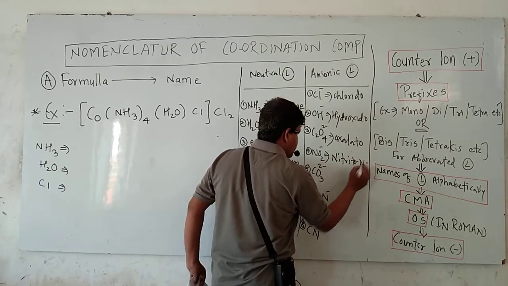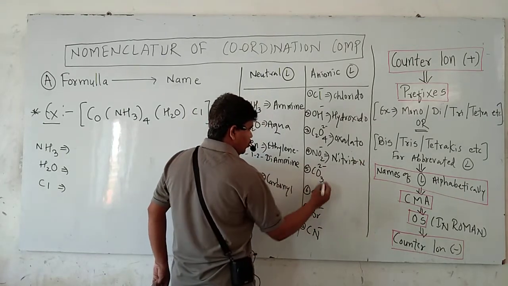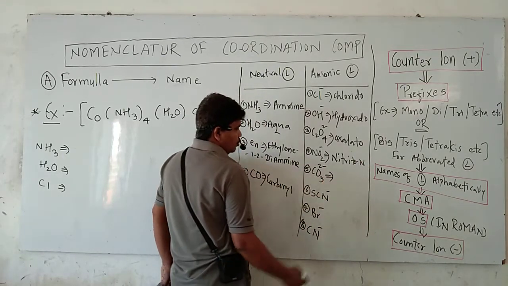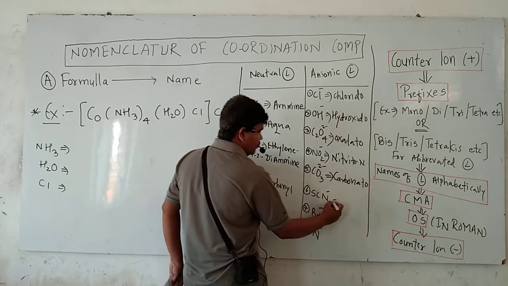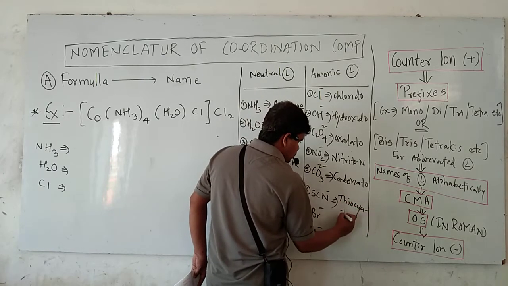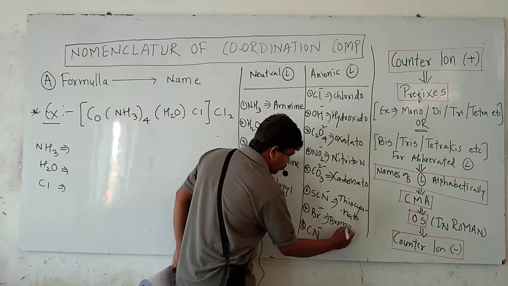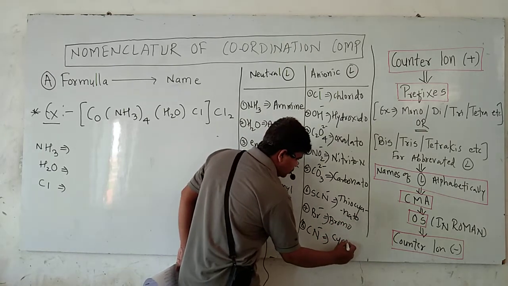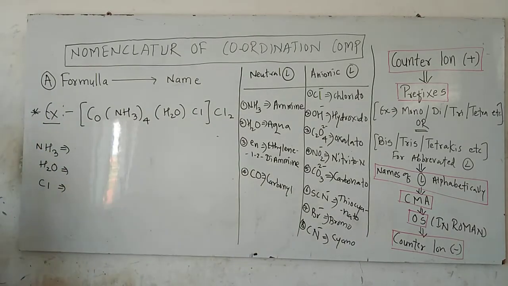In most cases, the bond is between nitrogen and metal, so you can directly write nitrito-N. CO3 2 minus, carbonato. SCN minus, thiocyanato. Br minus means bromo, and CN minus means cyano. So these are some ligands and their names. Okay.